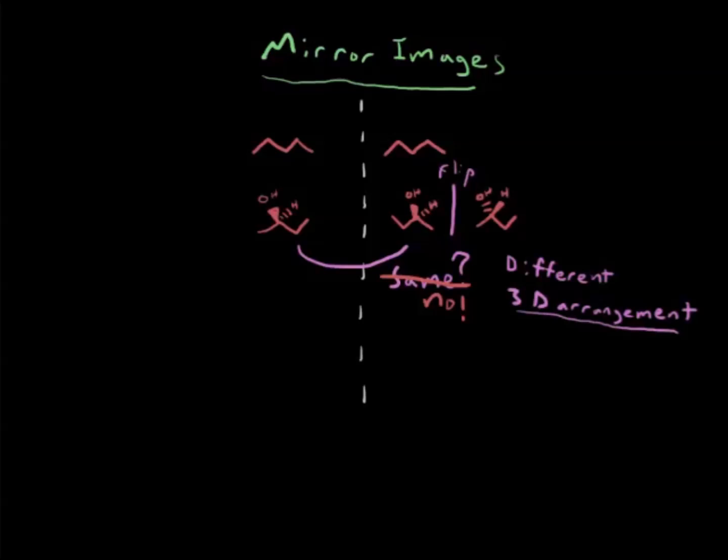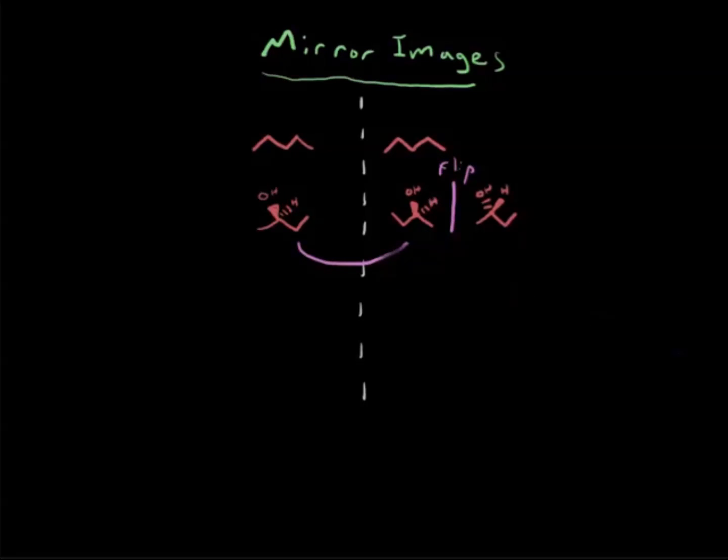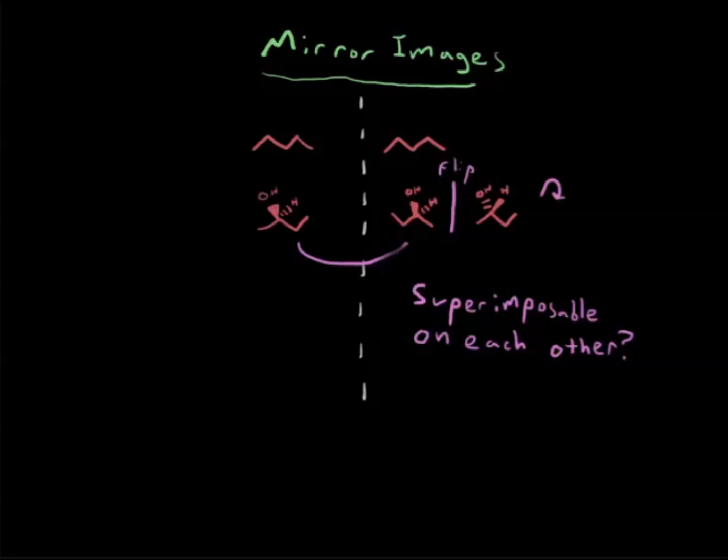So let's take a look at these. Can we take these molecules and put one on top of the other? Are they superimposable? Because if we can superimpose two of these molecules, that means they're actually the same thing. So we can flip this over like we did. We can rotate it again. Now our hydroxyl's down here, and our hydrogen's here.